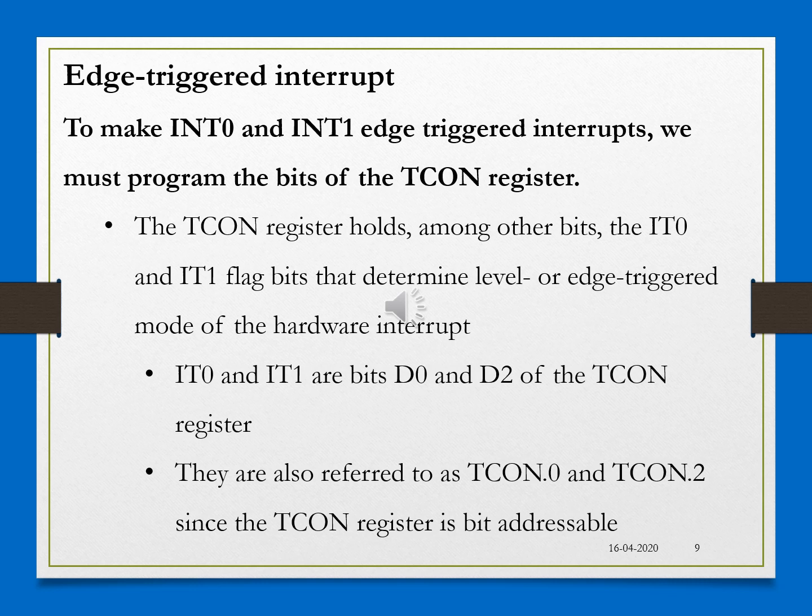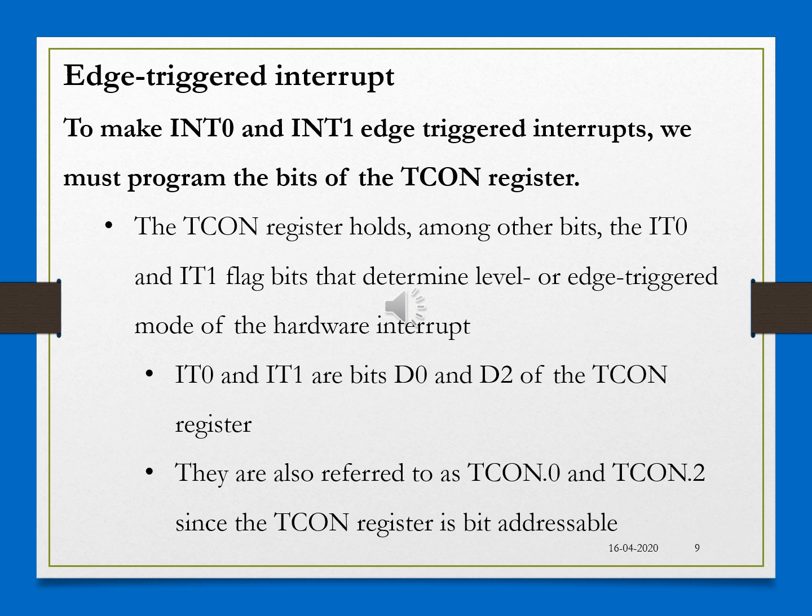If these bits are 0, it means that you want the interrupt to be level triggered, that is, when the signal coming at these pins is at 0 level. If you make the IT0 and IT1 flag bits 1, then you mean that you want the edge triggered type of interrupt.